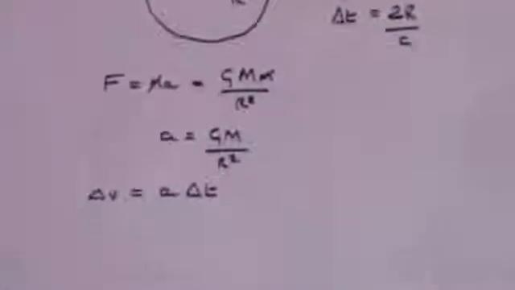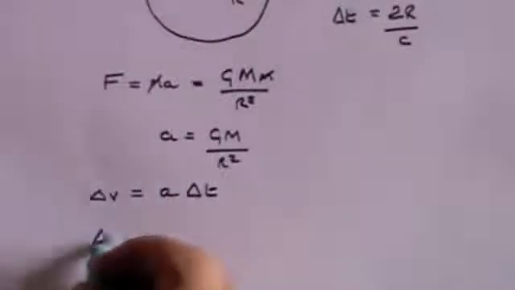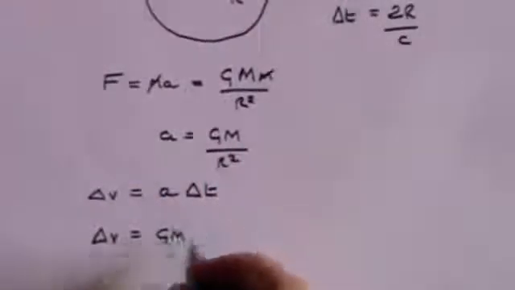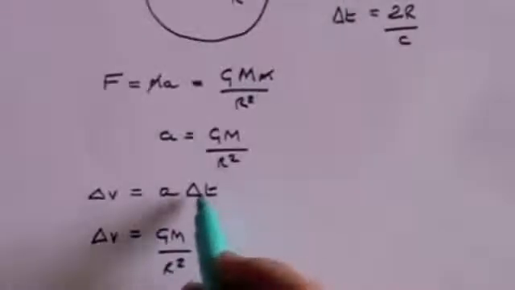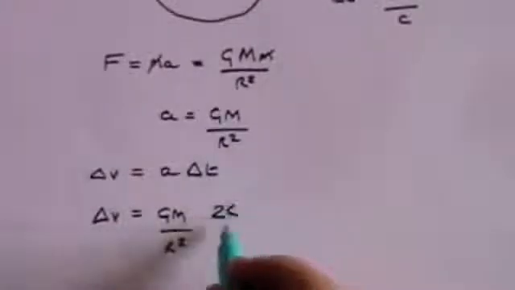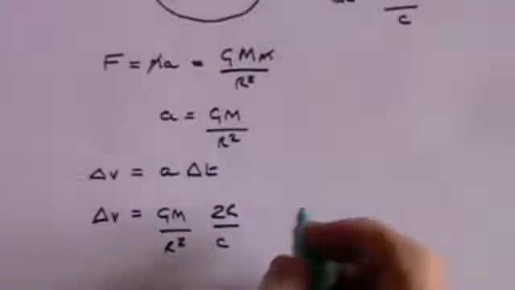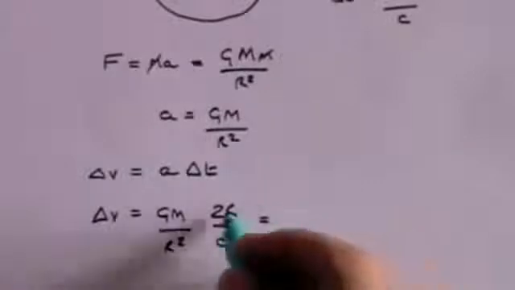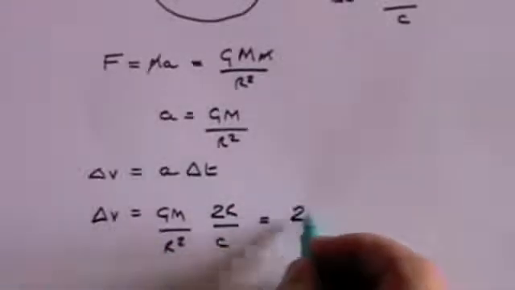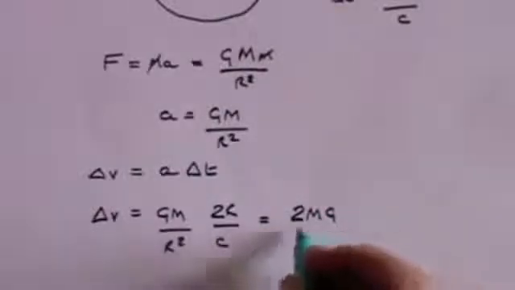And so we can now say that delta v is the acceleration, which we've just shown is GM over r squared, times delta t, which we just showed was 2r over c. And one of the r's cancels out, that gives us that the change in velocity is 2MG over rc.